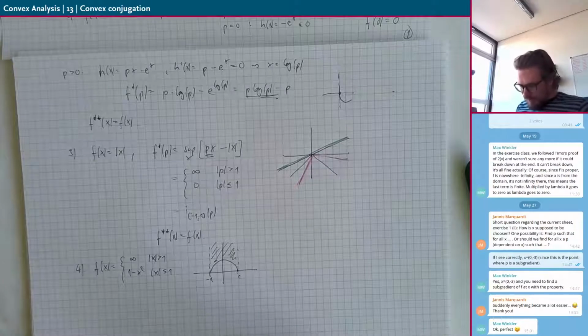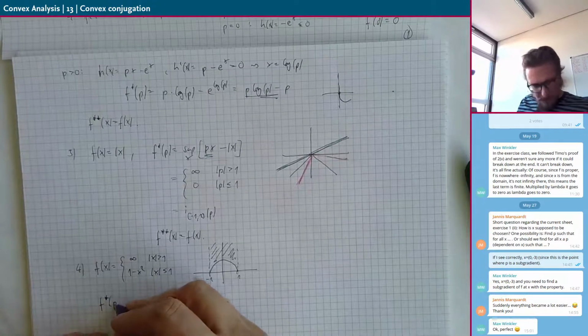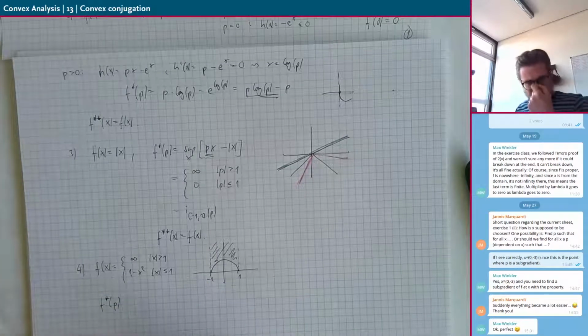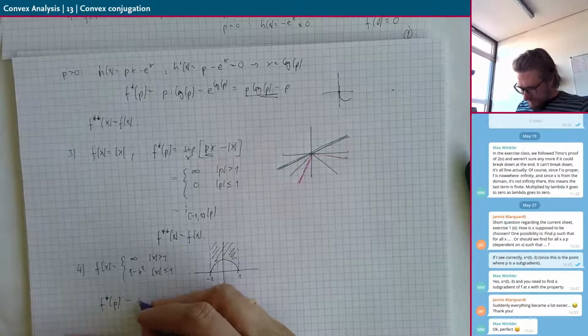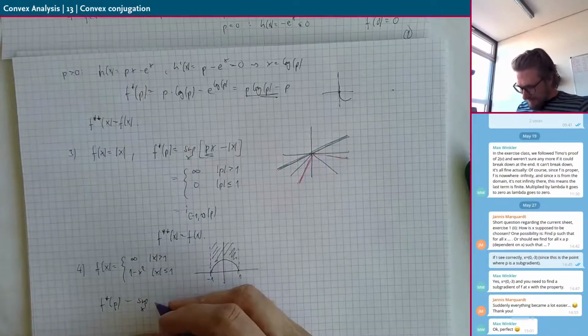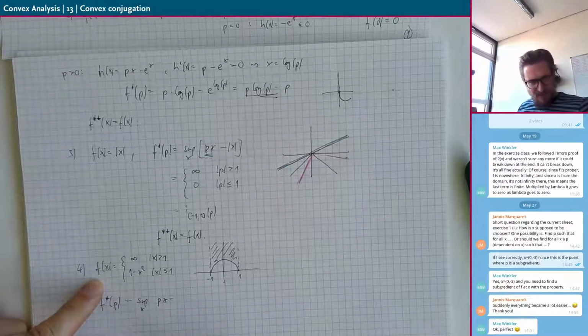Okay, so what is f star of p? And I don't think I have any calculations in the handout, but let's do it here. So what it is, it's taking the supremum over all x of p times x minus f of x.